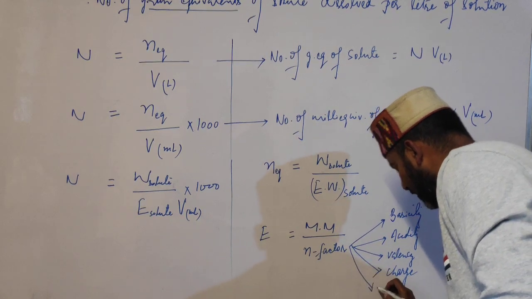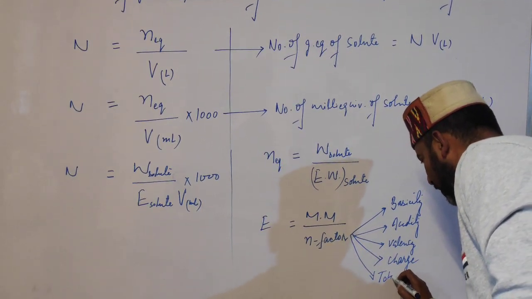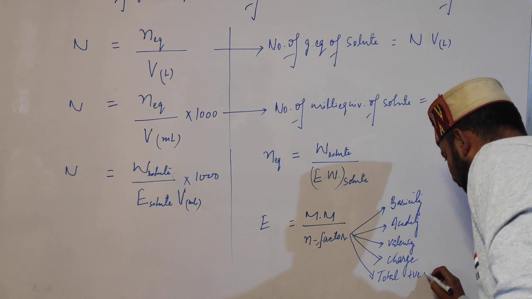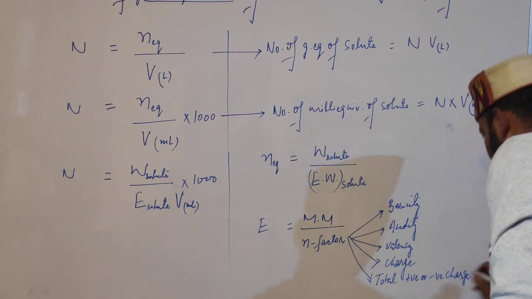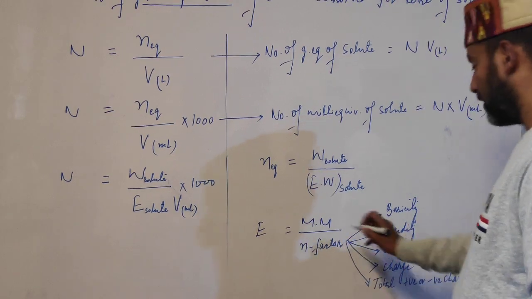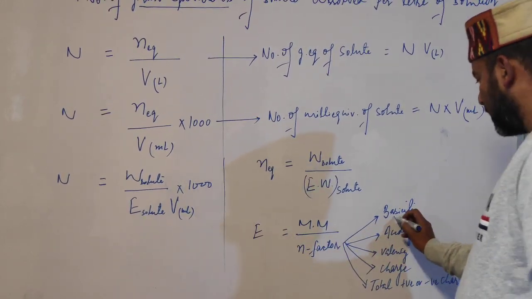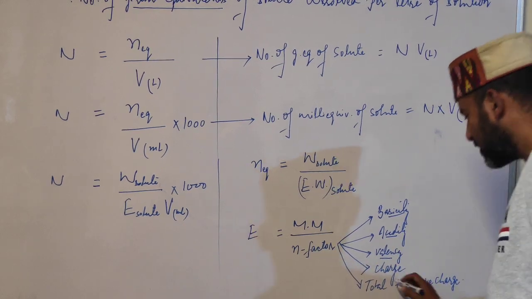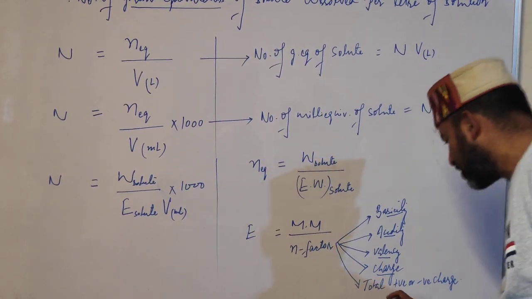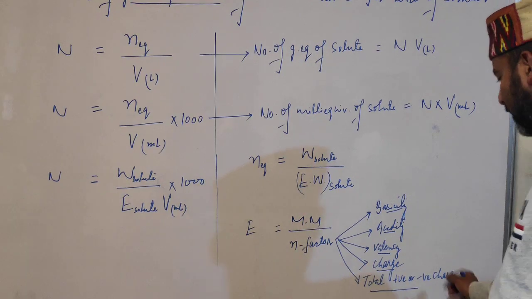In case of a salt, it will be the total positive or negative charge. So N factor represents basicity for an acid, acidity for a base, valency for an element, charge for an ion, and total positive or negative charge for a salt.